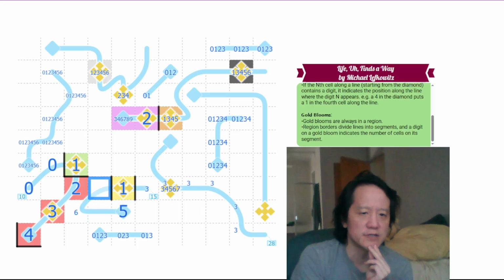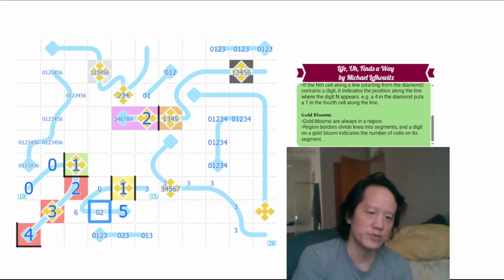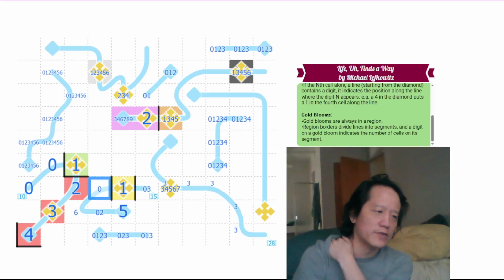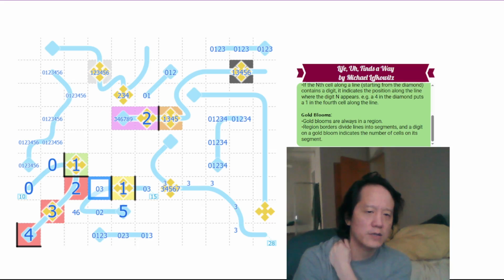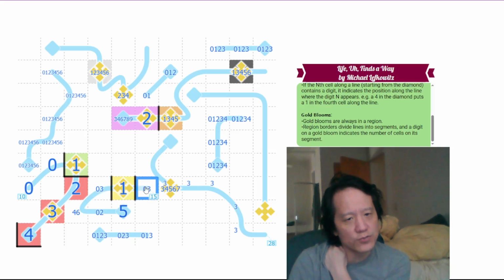This would be 6, and these would be 0. If it's 1, 2, 3, 4, 5, that means this would have to be 2. This would be 0. And this would have to be 4, and this would be 3. So I think we're guaranteed a 3 in one of these cells.